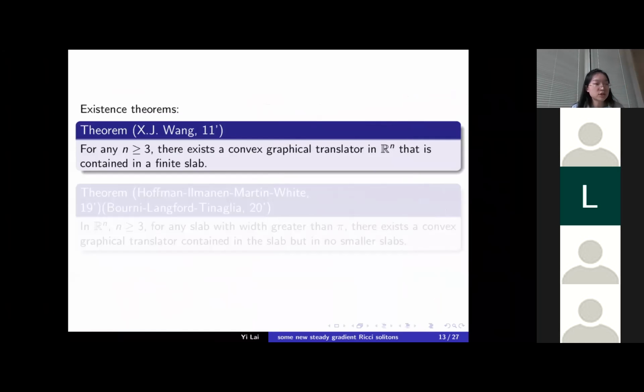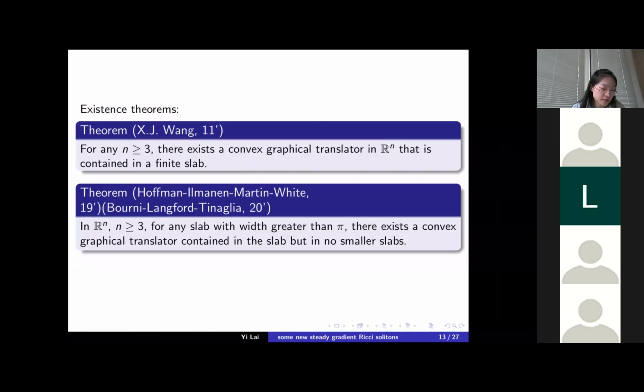They were able to show that given any slab of width bigger than or equal to pi, you can always find a flying wing contained in that slab. This can be done for any dimension n greater than or equal to 3, and for any prescribed width, you can find such a flying wing with that width.